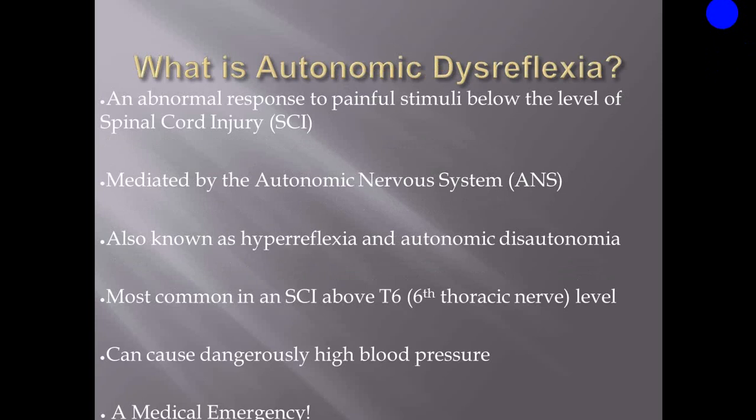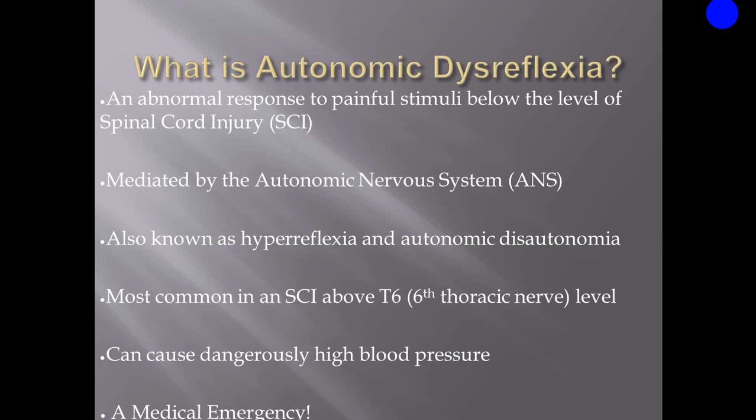What is autonomic dysreflexia? Autonomic dysreflexia is an abnormal response to painful stimuli below the level of spinal cord injury. It's mediated by the autonomic nervous system, also known as hyperreflexia and autonomic dysautonomia.